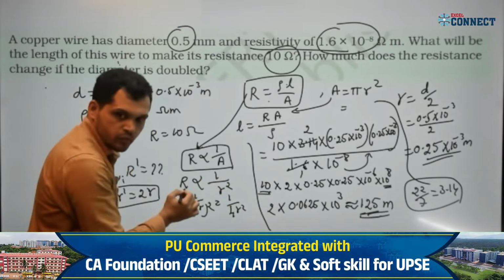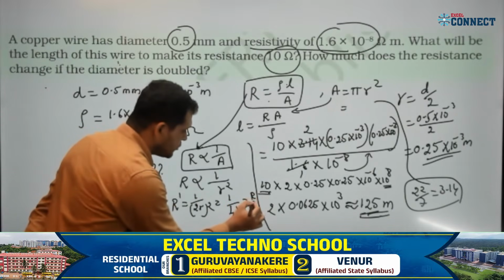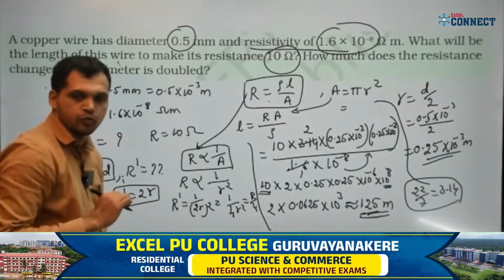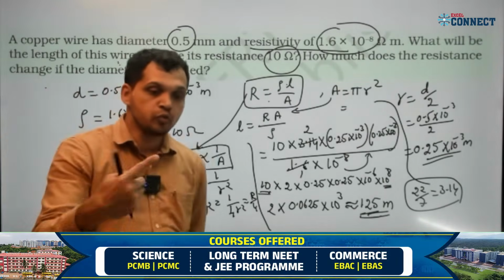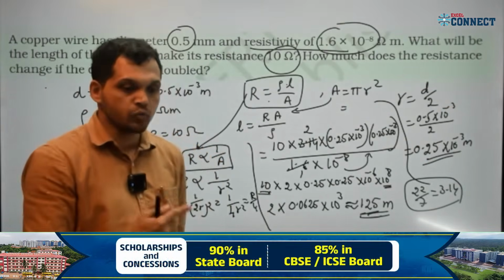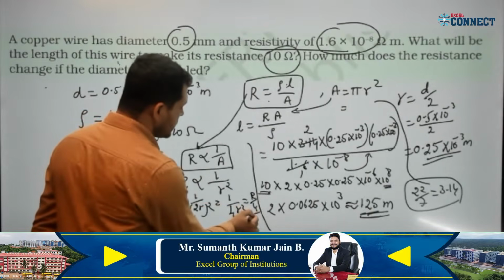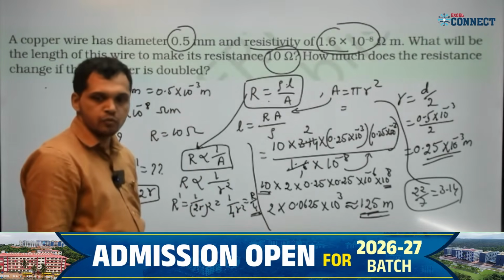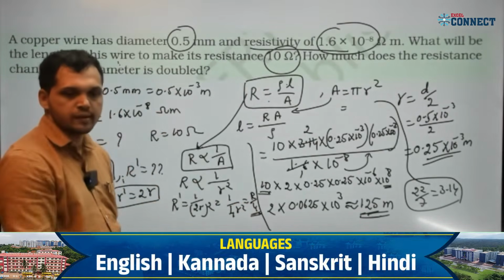It is R. So I can write R by 4. R by 4 means what is R dash? 1/4, right? 1/4, correct? What is the answer? 1 by 4 is the answer. R by 4 means 1/4 is the answer.